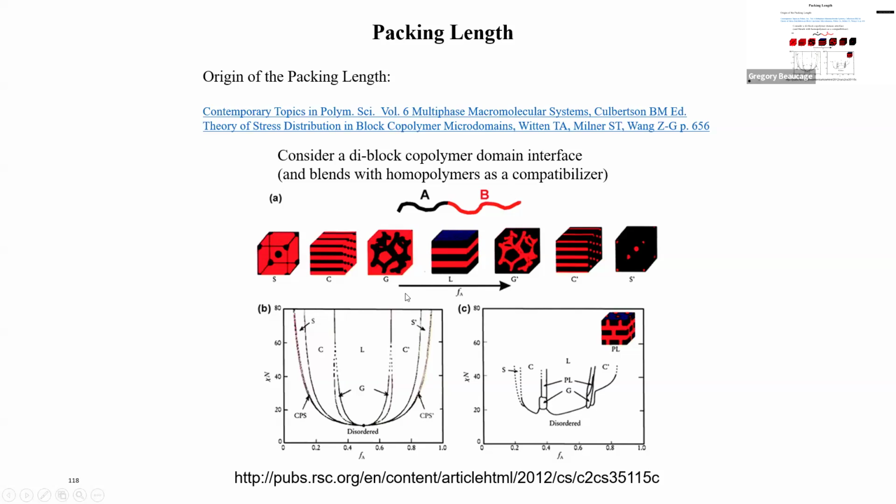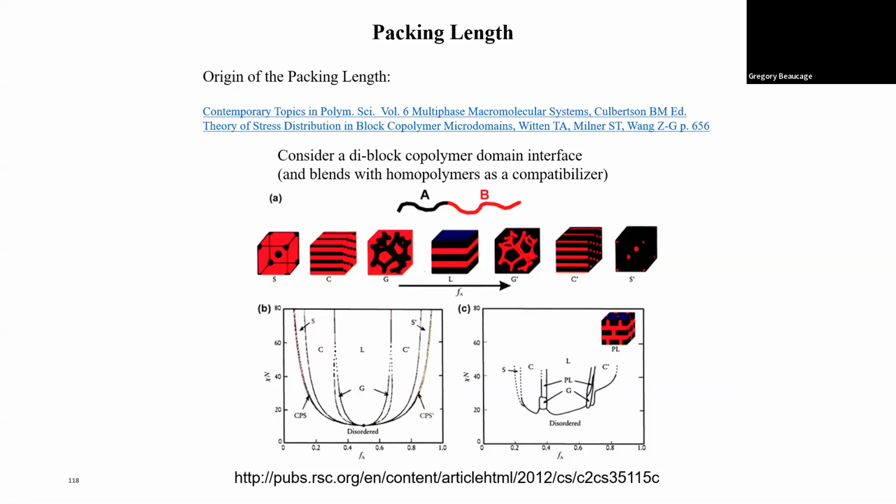So block copolymers were the origin of this packing length idea, which didn't exist before that, and after that, people hooked onto it. So you have an A group. If you do anionic polymerization, you can polymerize polystyrene, and it's got an anion on the end instead of a free radical, and it polymerizes.